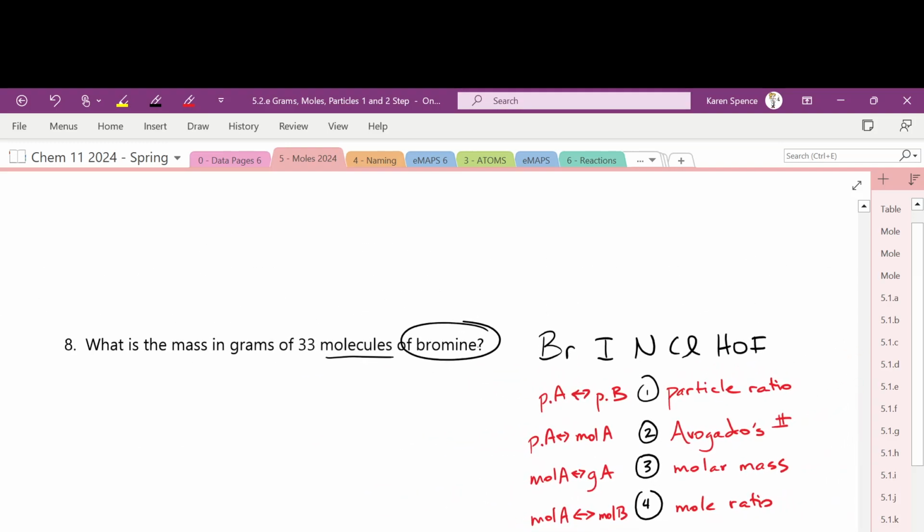What are we starting with here? We are starting with 33 molecules. Is a molecule a particle, a mole, or a gram? Particle. So we're starting with a particle, and we want to finish with grams.